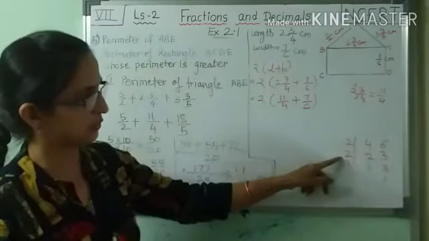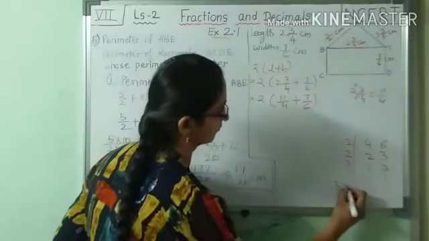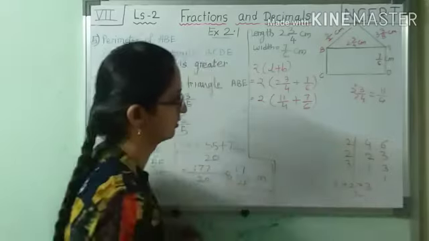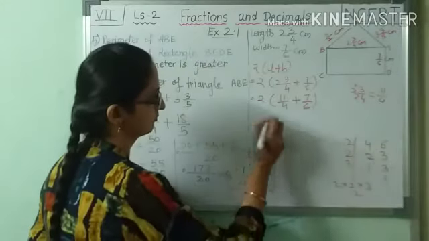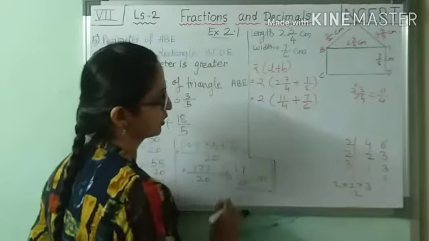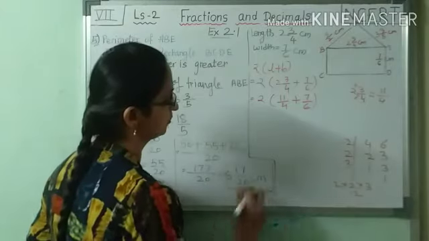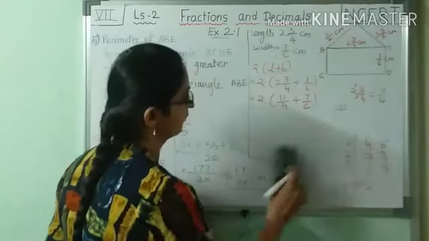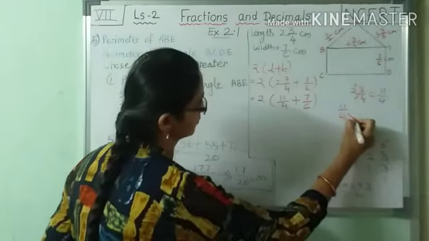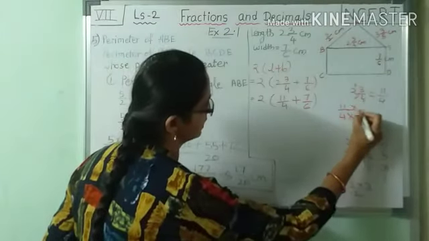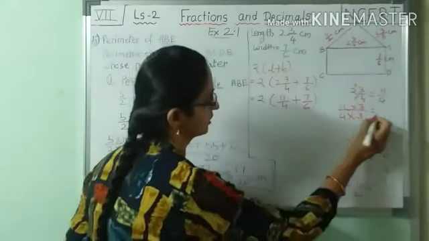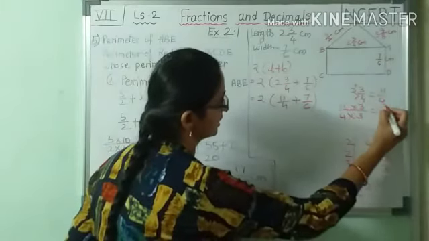So LCM is 2 into 2 into 3. 2 2s are 4, 4 3s are 12. So LCM is 12. Now to make this denominator 12, multiply 11 by 4 by 3. 4 3s are 12, 11 3s are 33.